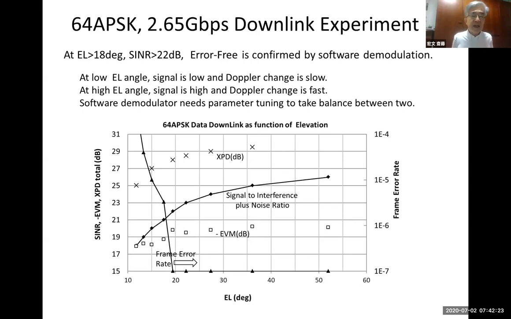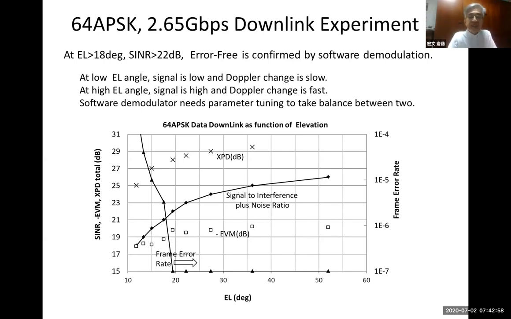And at low elevation angle, signal is low and Doppler change rate is slow. But however, at high elevation angle, signal is high and Doppler change rate is fast. So software demodulator needs parameter tuning to take balance between the signal to noise ratio and frequency change rate.